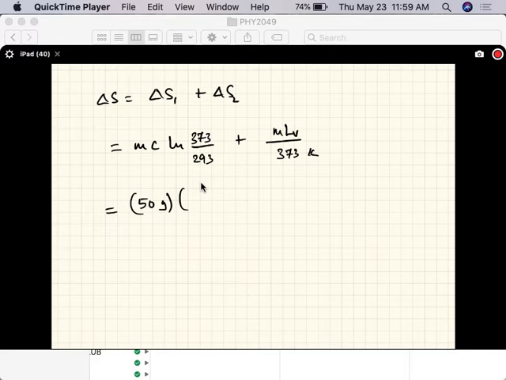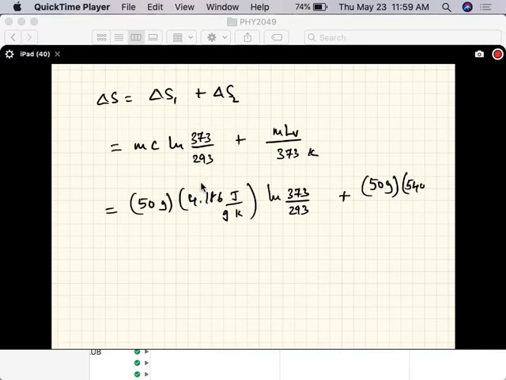Specific heat of water is, you can look it up, 4.186 joules per gram per Kelvin. Log 373 divided by 293 plus mass is 50 grams again. Latent heat of vaporization is 540 calories per gram. And 1 calorie is 4.186 joules. Okay, so I'm mixing up units, but you can look it all up.